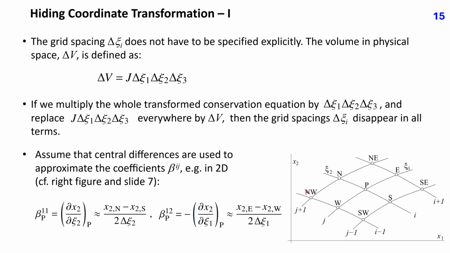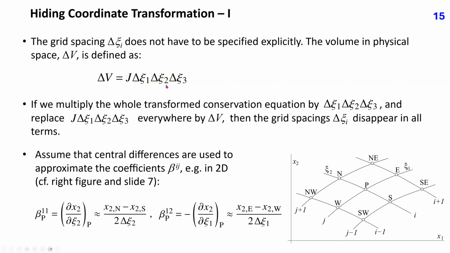Let us see how one can hide the coordinate transformation, that is, avoid assigning values to non-orthogonal coordinates and computing the Jacobian. The grid spacing delta psi I does not have to be specified explicitly. The volume in physical space, delta V, is defined as the product of the Jacobian and the coordinate spacings, delta psi 1, delta psi 2, and delta psi 3.